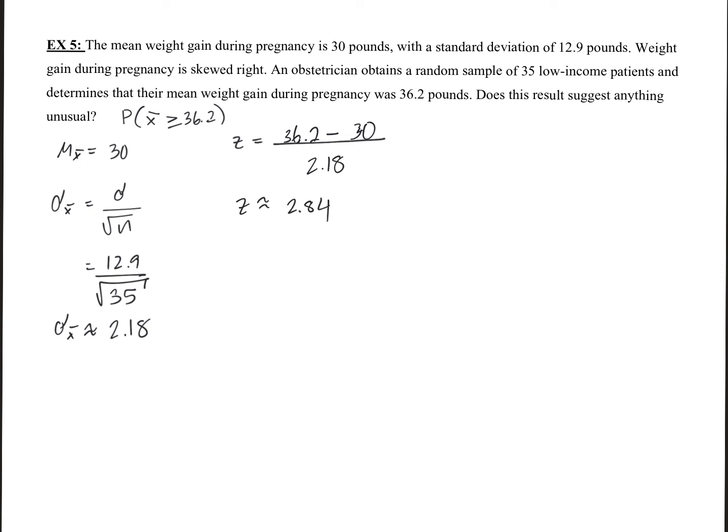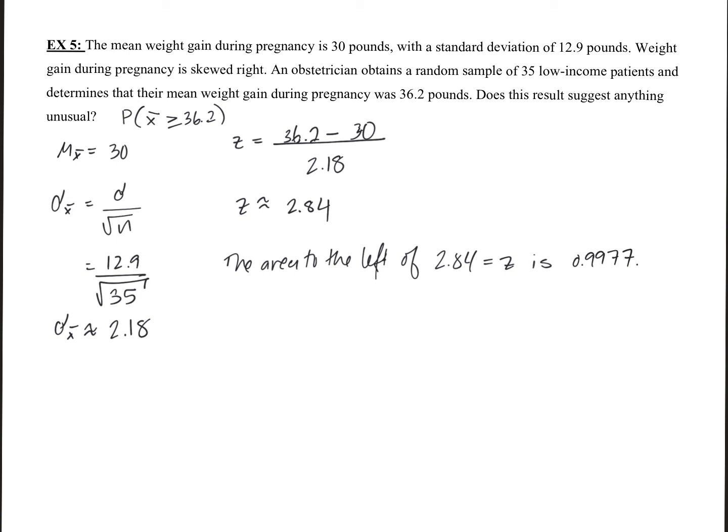Alright, so we're going to take a look at table 5 to see what value we get. So let's see, the area to the left of z equals 2.84 is going to be what? 0.9977.